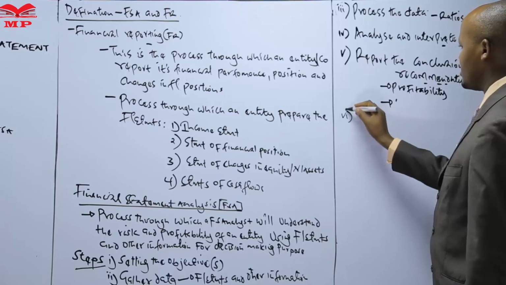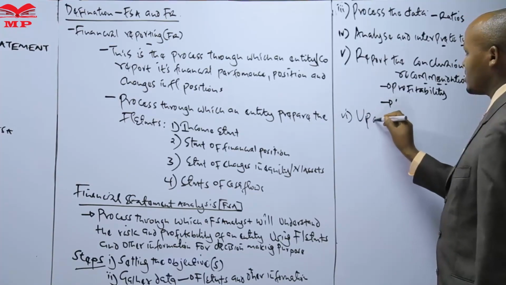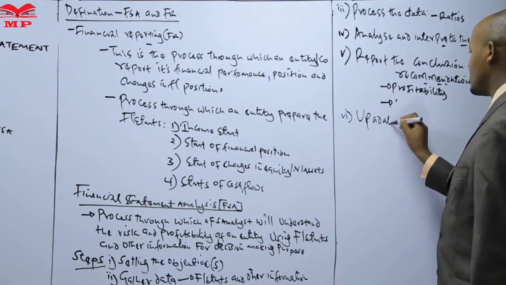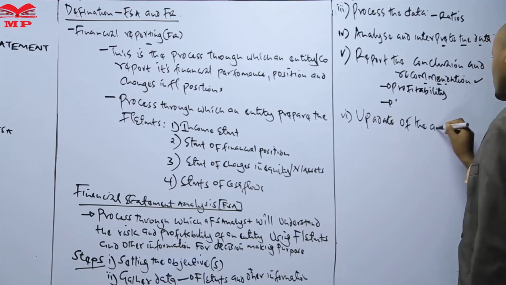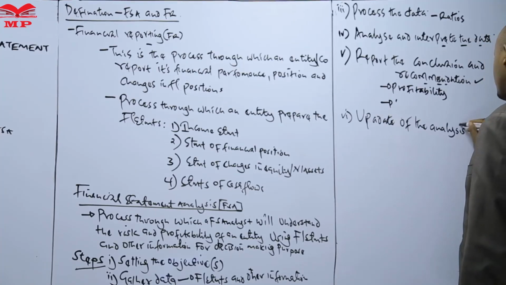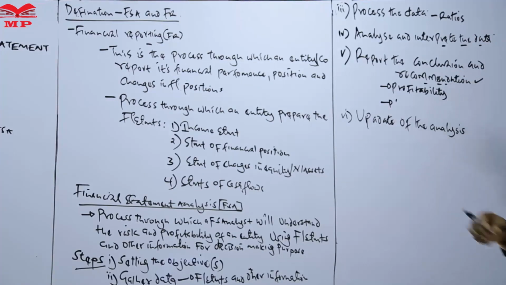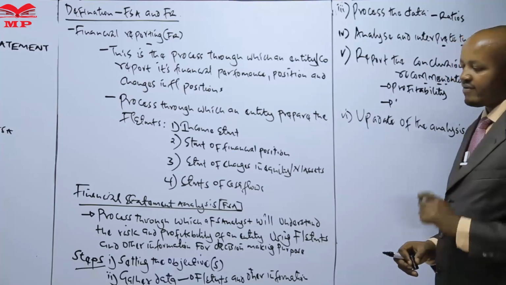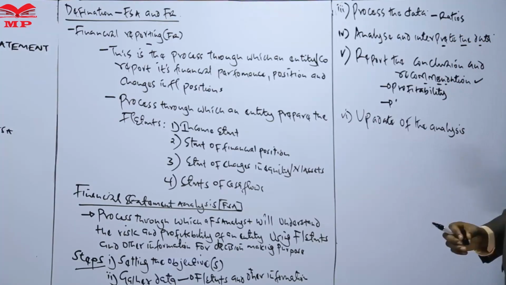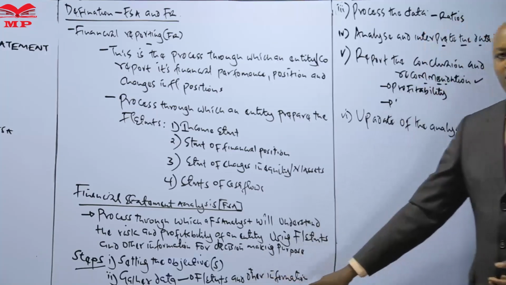Then the last step in financial statement analysis entails update of the analysis. Now, this particular step will come after the financial statement analyst gets more information, because when the analysis was done, the financial statement analyst did not manage to gather all the data which was supposed to be used in financial statement analysis.